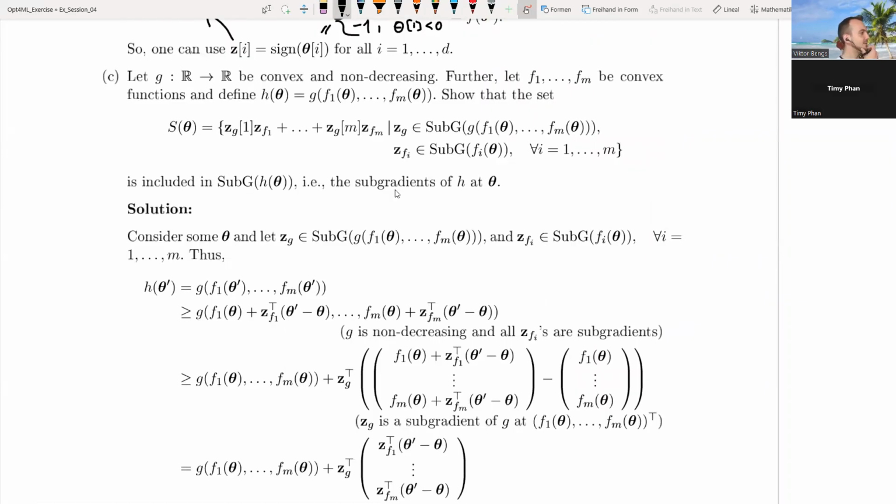All right, next case. This is interesting for combining subgradients in a suitable way.